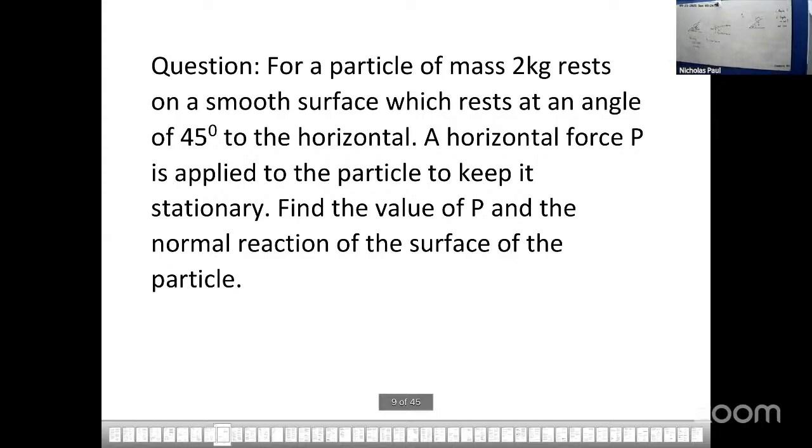This question is different. The question said a horizontal force P is applied.